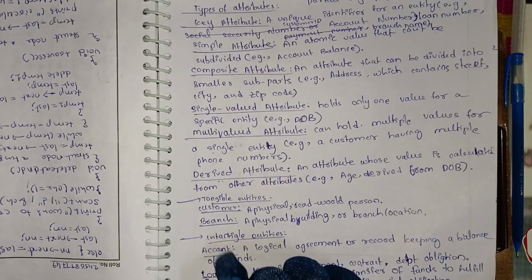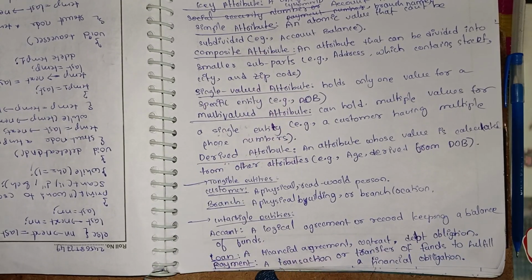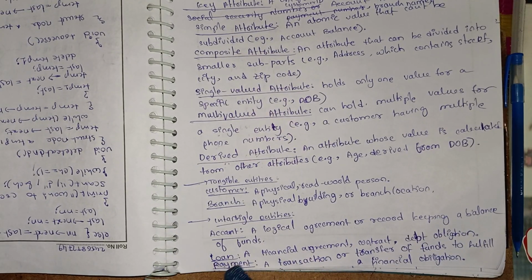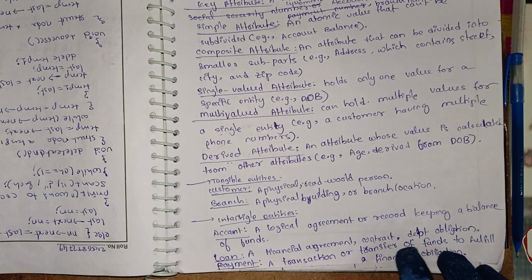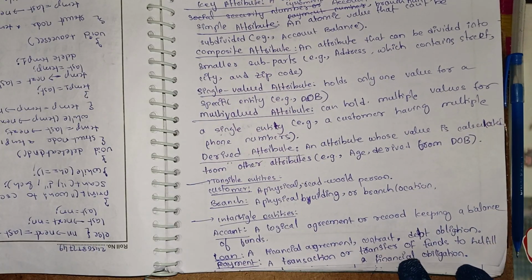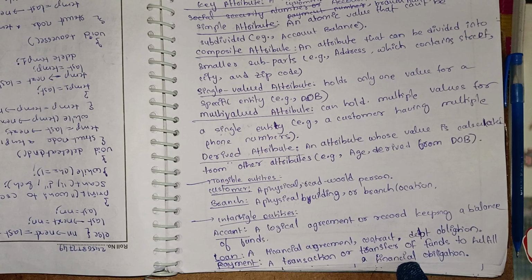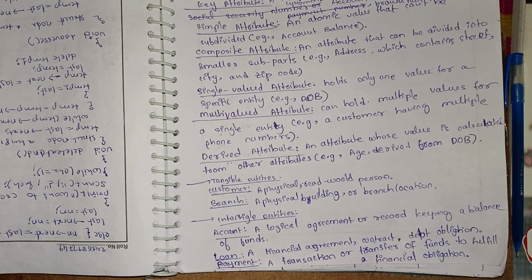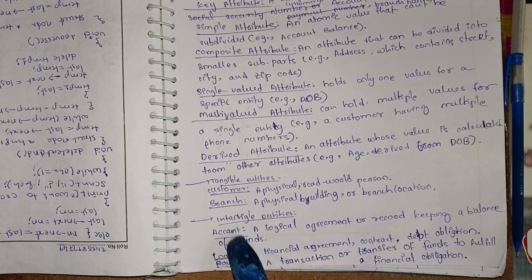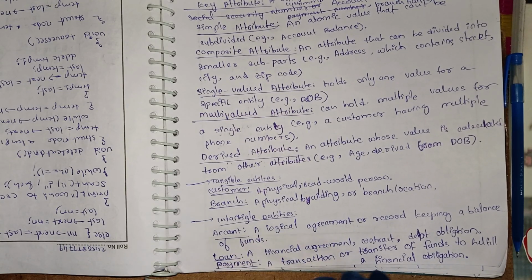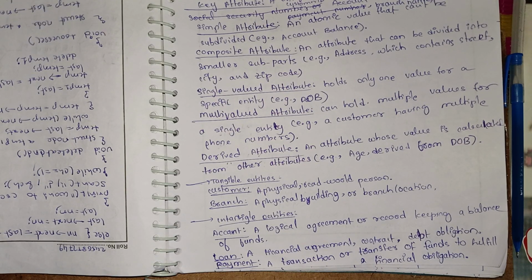So these are all logical entities which are not physical. Payment is a transaction or a transfer of funds to fulfill a financial obligation. It means we can't touch them with our hands. These are only logical, imaginary. It is there, but it is logical.